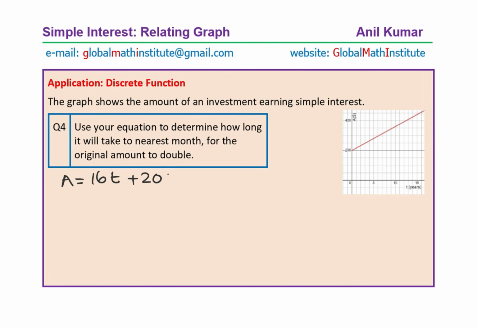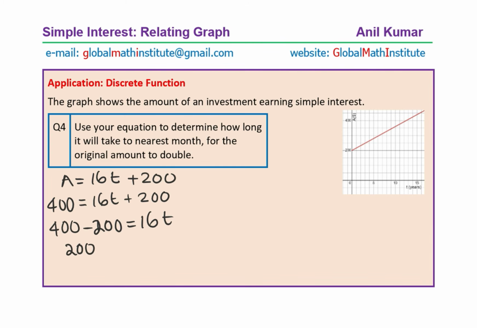Doubling the amount means we start with 200 and want to make the amount 400. So it would be 400 equals 16T plus 200. Taking away 200 will give us 16T, and therefore 200 divided by 16 will give us the time in years.